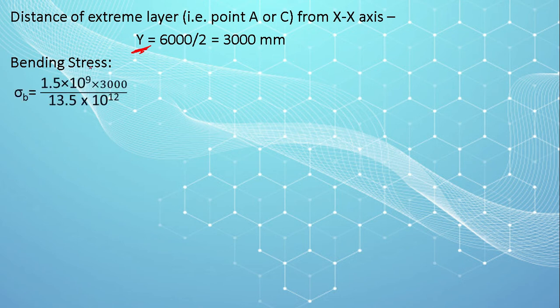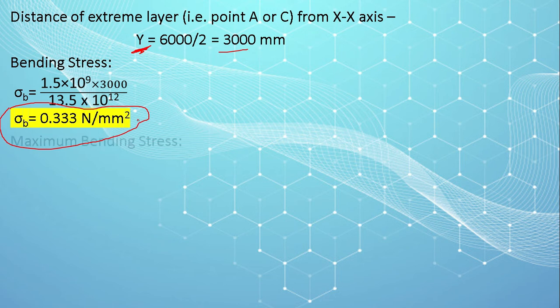Now for the bending stress, we know the formula M by I multiplied by y. Put all these values: 1.5 into 10 raised to 9, the value of y 3000, and the value of moment of inertia 13.5 into 10 raised to 12. Therefore bending stress is equal to 0.333 Newton per mm square.